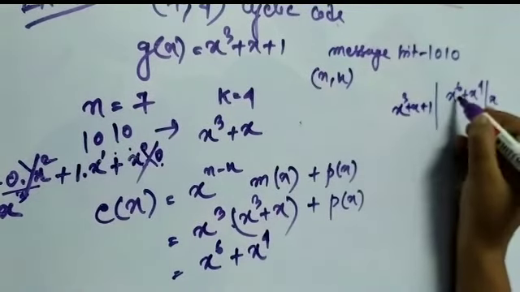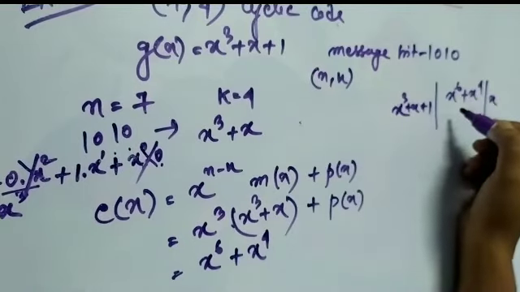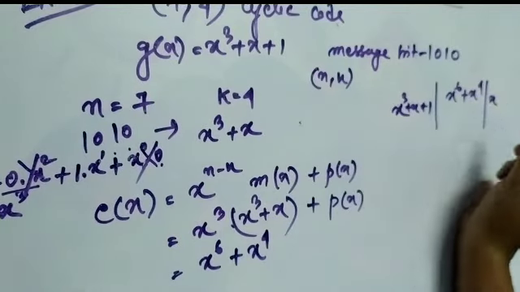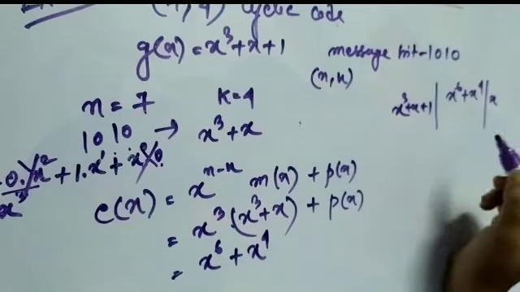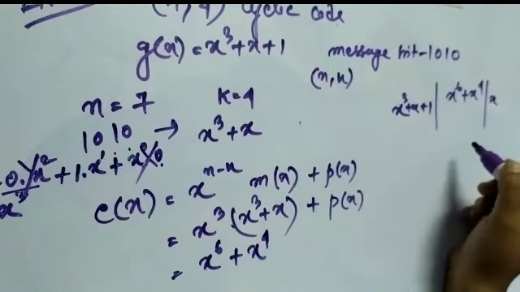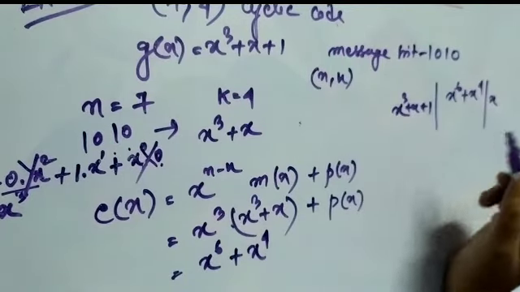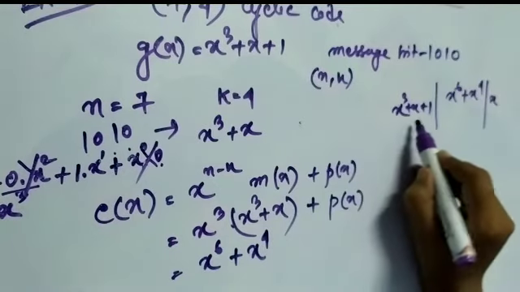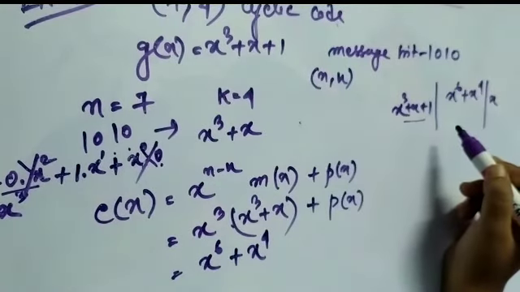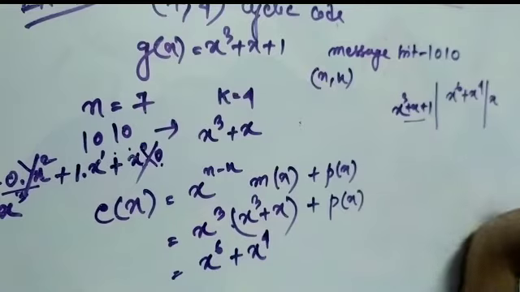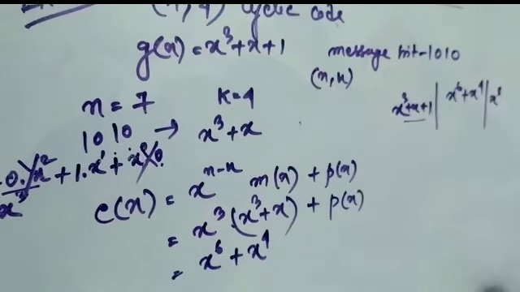First see these two terms, and our motto is to find such an x term that after multiplying with it, the first term of the polynomial should be x to the power 6. So I write x cube.